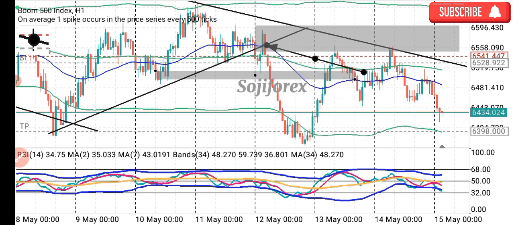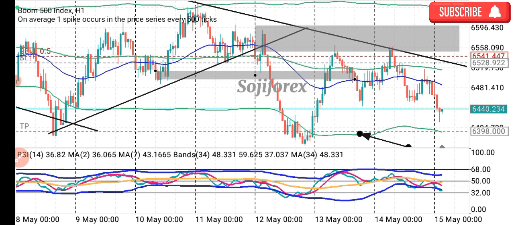Watch the video on order blocks, because you need the order blocks for you to draw your trend line. You need the order blocks for you to identify your structural point. So all of these are put together in order for you to find a successful trade entry. And you can see how it plays out. See our TP, and it is playing out very well.